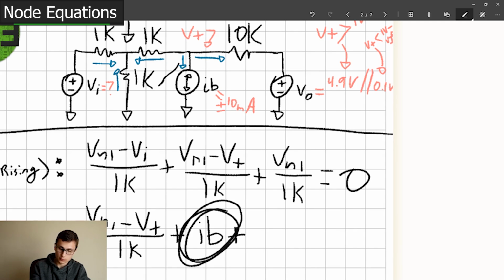And so a positive current direction for IB will be towards ground. That's basically what we just decided.